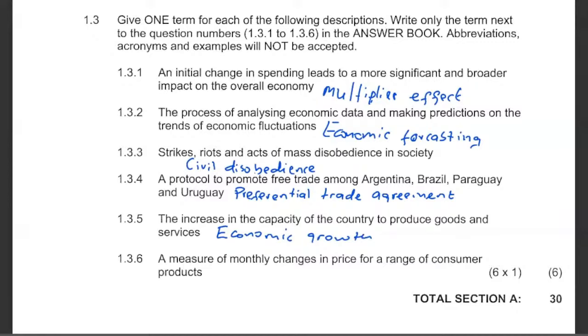Grade 12, now let's move on to the next question, which is 1.3.6: a measure of monthly changes in price for a range of consumer products. This is nothing but consumer price index.